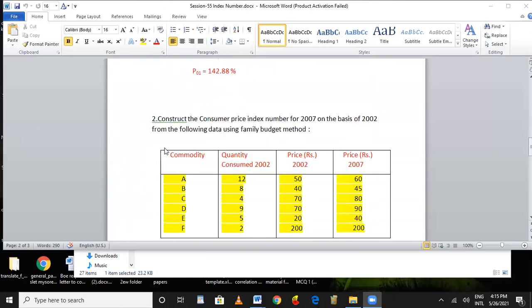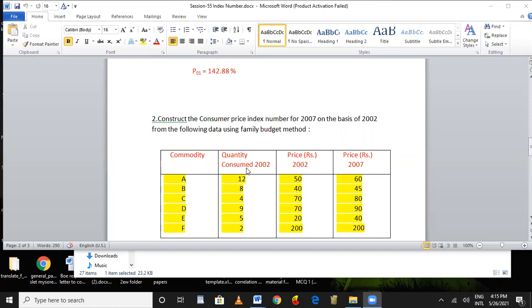Now, in the second problem, they are asking to construct the index number for 2007 on the basis of 2002 from the following data using the family budget method. They are asking for the family budget method only. For that, they have given the commodities. How many commodities are there? There are A, B, C, D, E, F commodities.